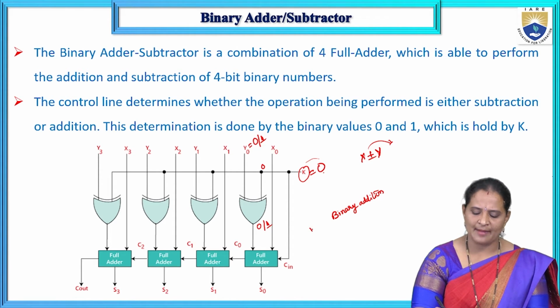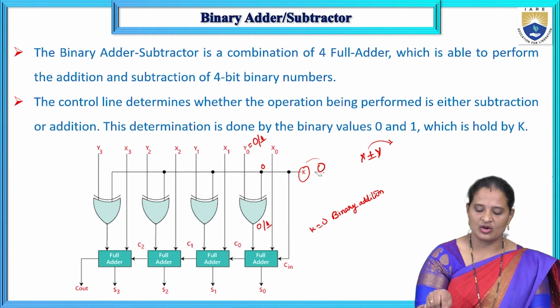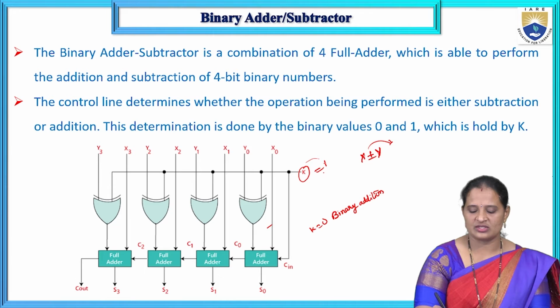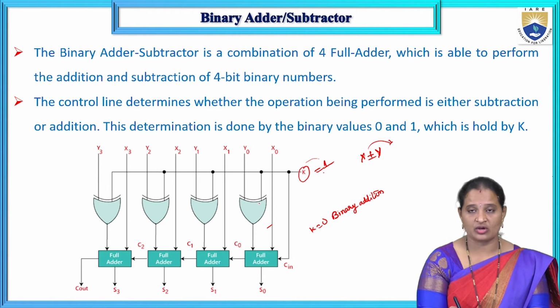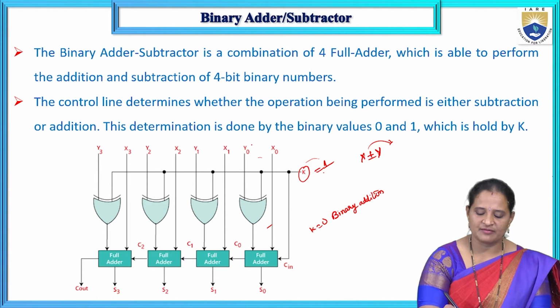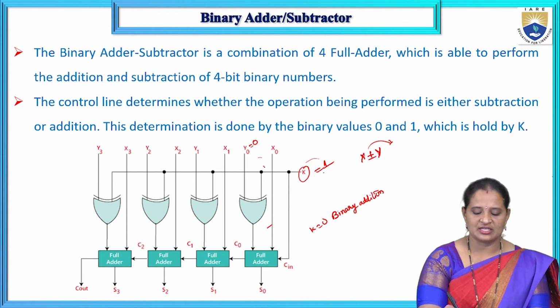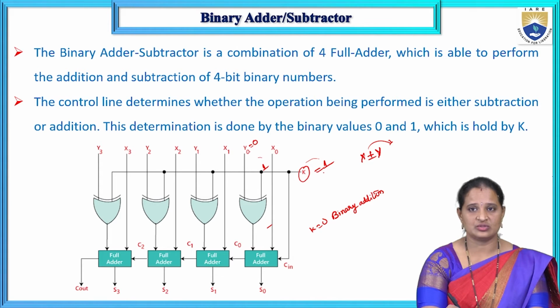Now what happens when k is equal to 1? When k is equal to 1, one of the inputs to the XOR gate is 1. Now what happens if y0 is equal to 0? As the other input is 1, when y0 is equal to 0, the output is equal to 1.